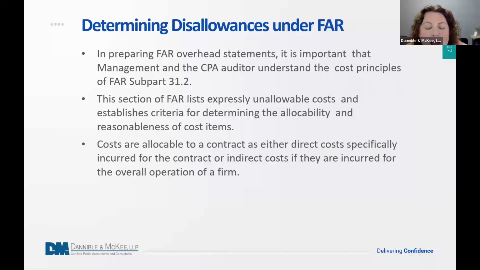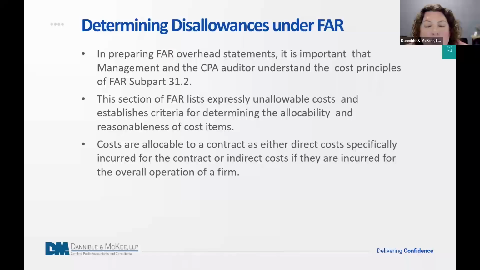Now, obviously, I have the privilege of seeing many CPA auditors issuing these FAR overhead rates through the work that I do with the state. And we can see many CPAs that just do not understand FAR. And unfortunately, these federal and state agencies come in and they know which CPAs are really good at this work, and they know which CPAs just are not familiar with FAR.